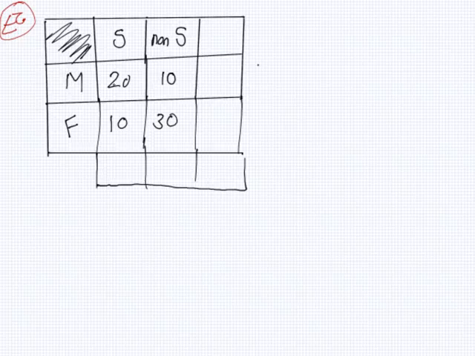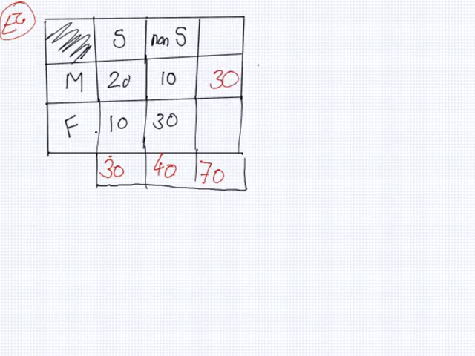So we know if there's 20 men who smoke and 10 women who smoke, in total how many smokers are there? 30. And if there's 30 women who don't smoke and 10 men who don't smoke, then there's 40. So there's 30 smokers and 40 non-smokers. So in total, how many smokers and non-smokers? 70. Now there's 20 men who smoke and 10 men who don't smoke. How many men are there? 30.